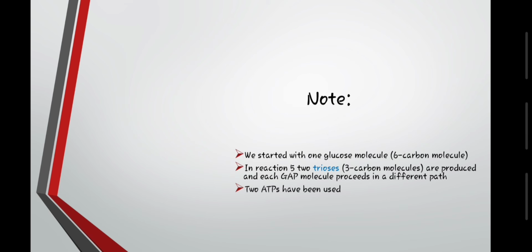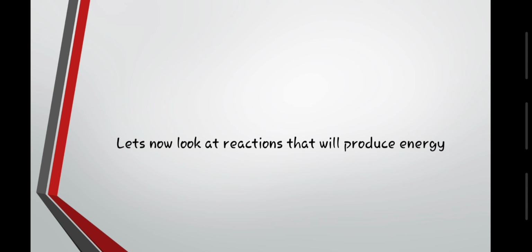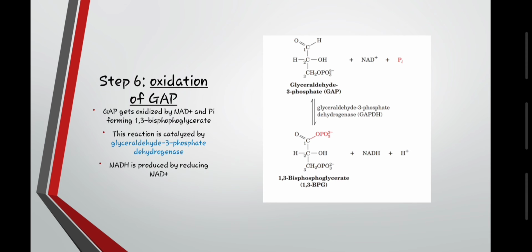We have used 2 ATP so far. So let's now look at the following reactions, which will produce energy, but not all of them. We'll look into those reactions which are producing energy.